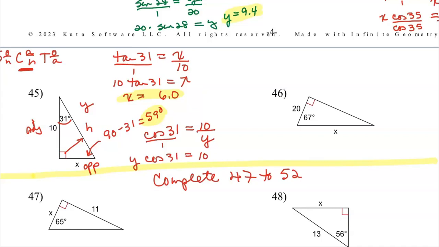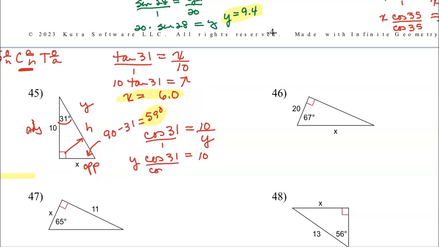Divide both sides by cosine 31. That's done. And in my calculator goes 10 divided by the cosine of 31. And I'm going to get y equals 11.7. And that's my second value.